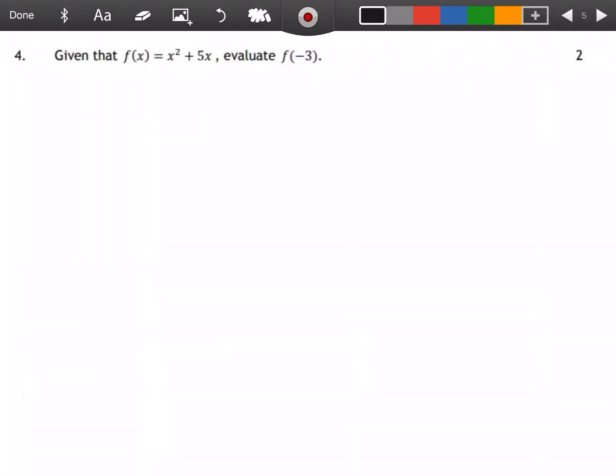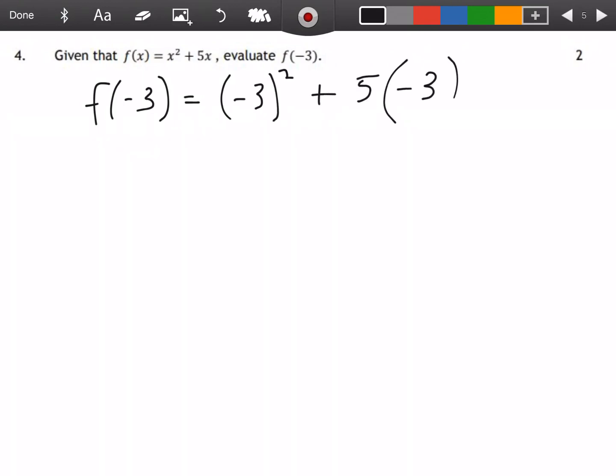Number 4. Find f of negative 3. This is a simple substitution. To find f of negative 3, you simply replace x by negative 3. So it's negative 3 that's to be squared, add on 5 times negative 3. Negative 3 squared, remember non-calculator, 3 3s are 9.